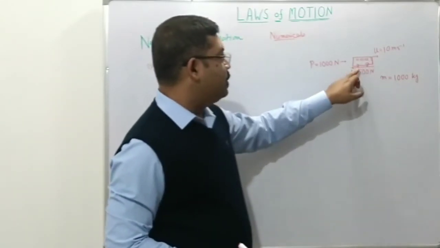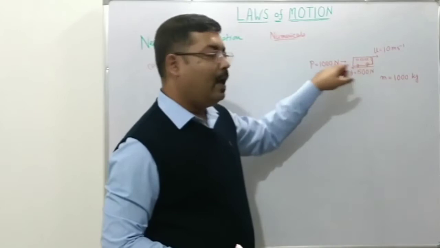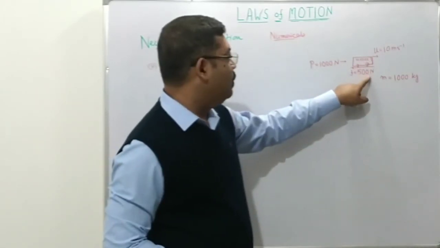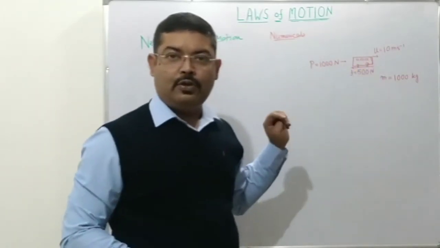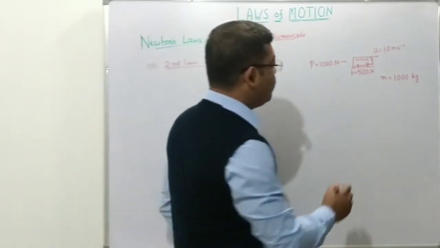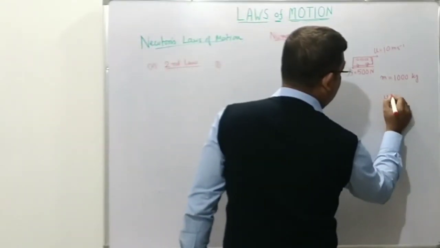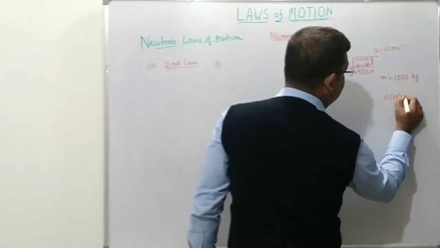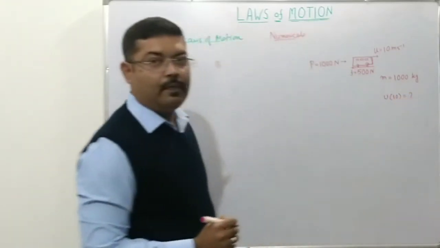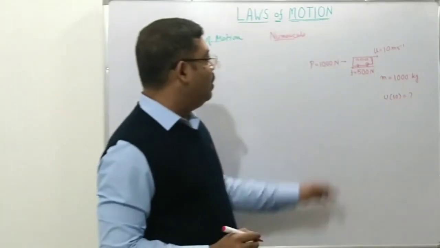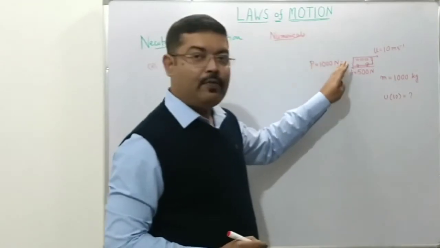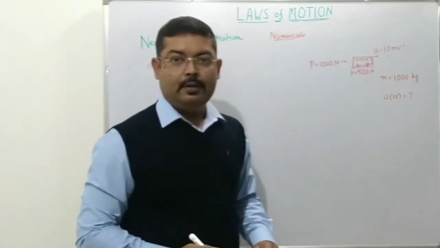The force of friction between the vehicle and the road is given to be 500 Newton, which will always act in the direction opposite to the direction of motion. We are supposed to find the velocity at time 10 seconds. What is going to be the velocity when the object is under the applied force for 10 seconds?